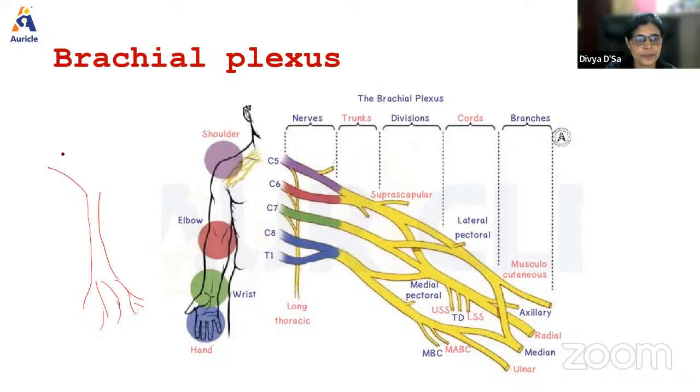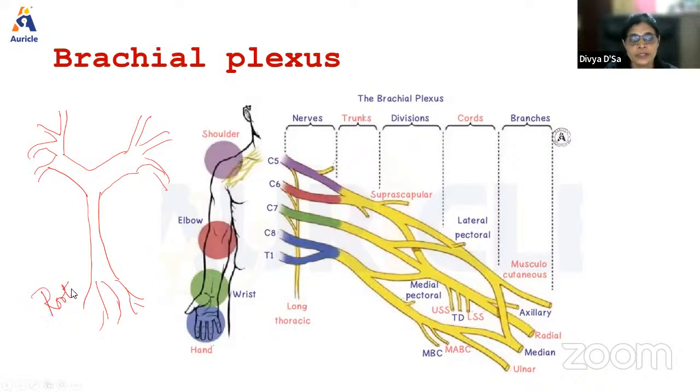Then two main big divisions of it, and each division will have branches. So you can think of something like that. Here, these C5, C6, C7, C8, and T1 ventral rami, we call them the roots.